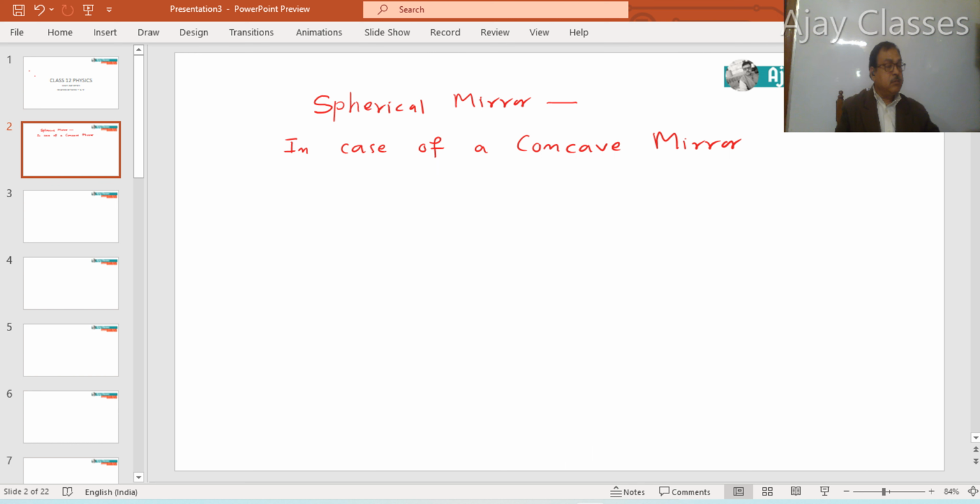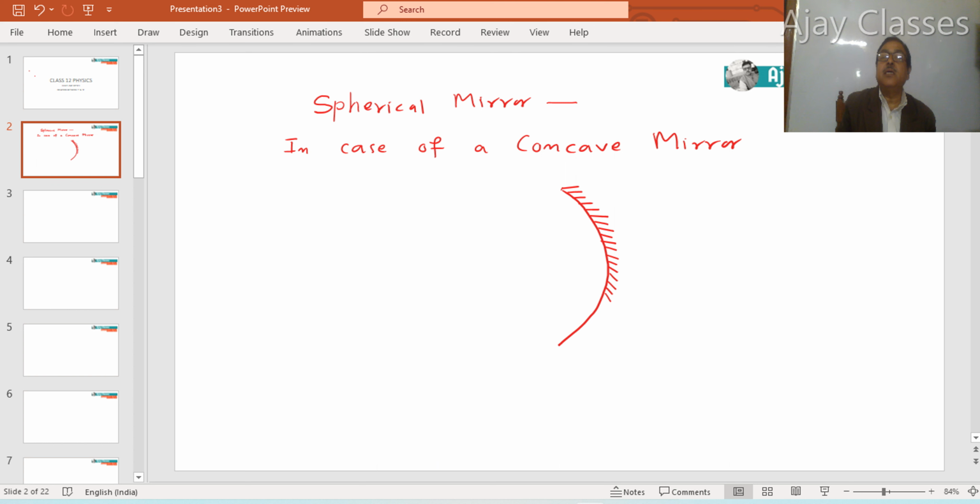First of all, we draw the diagram here. The painted surface is shown by drawing all these different bar lines.